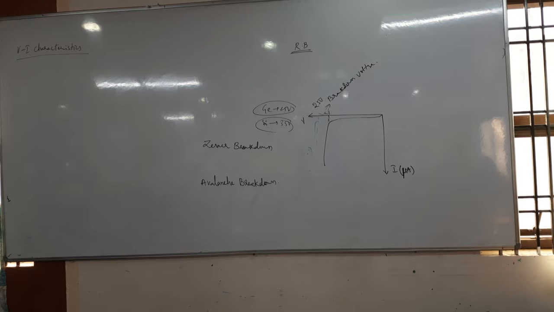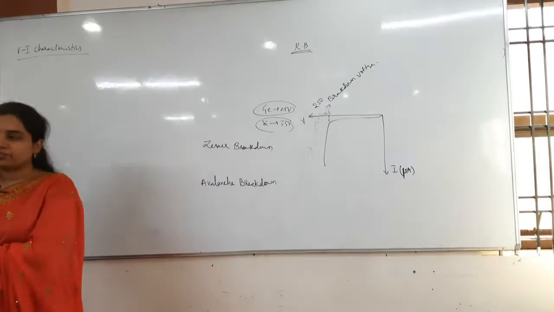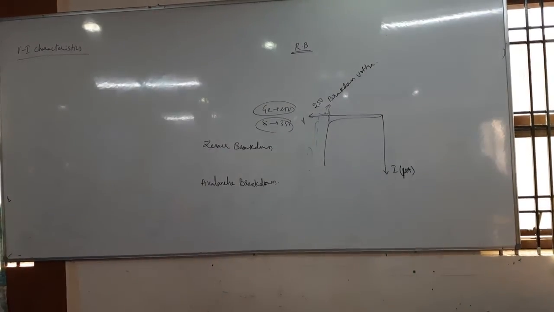Occurs in highly doped p-n junction by the diffusion of free charge carriers after breaking the covalent bonds.